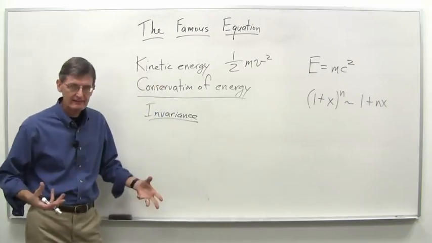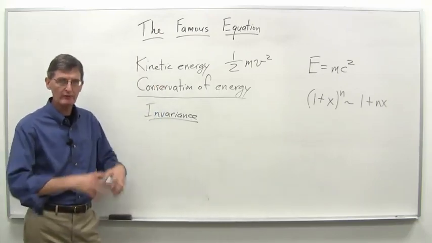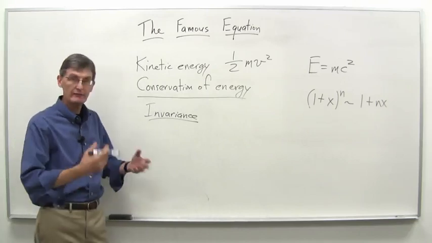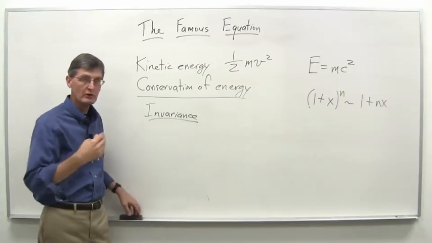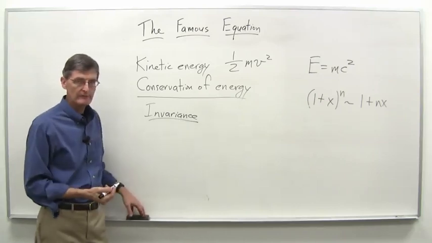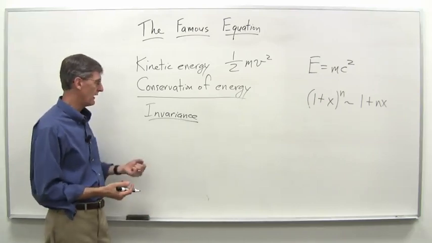Or actually, technically, it's the speed of massless particles, but we'll just say the speed of light, invariant. No matter how you're moving with respect to somebody else in respect to a light beam, you will always measure the speed of light to have the value c.